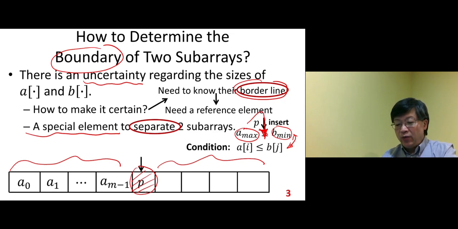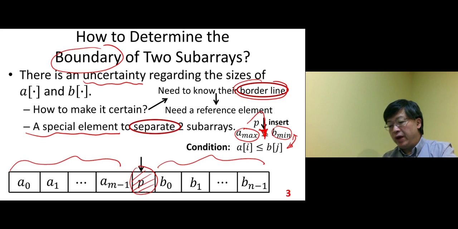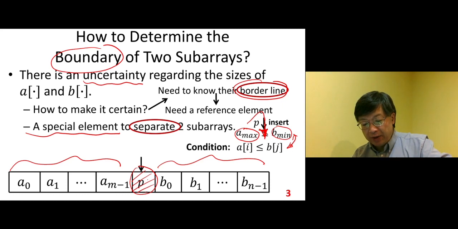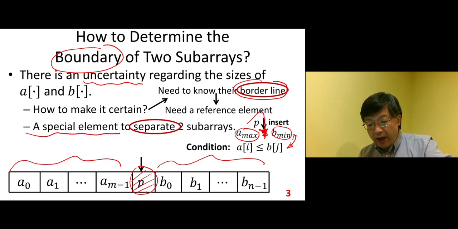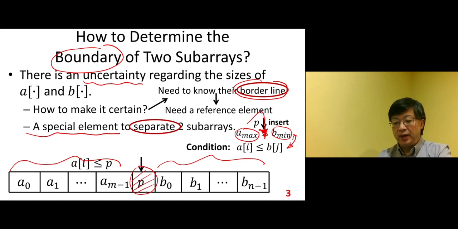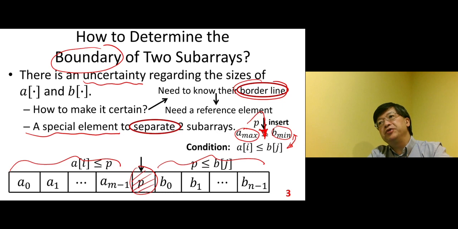But here, when we arrange the elements of the A array, we do not assume they are sorted. The B elements, we do not assume they are sorted. But this P element clearly separates those two subarrays, with the condition that all the A elements have values less than or equal to P. For the B array, all the B elements have values greater than or equal to P. So you can see this P is so special.